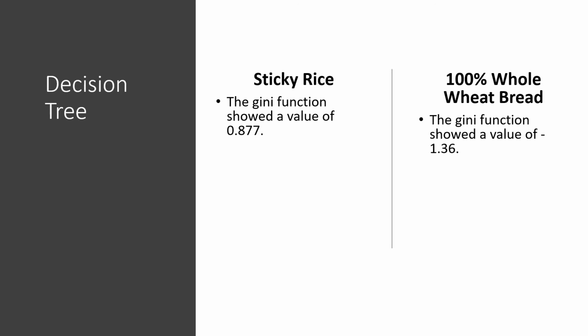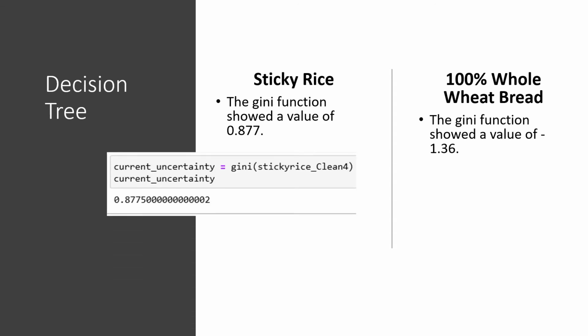Unfortunately, I was unable to move forward with the decision tree because the Gini value of the data frame was so high. It showed a value of 0.8775, which is close to 1, indicating the high impurity values of my sticky rice data frame.